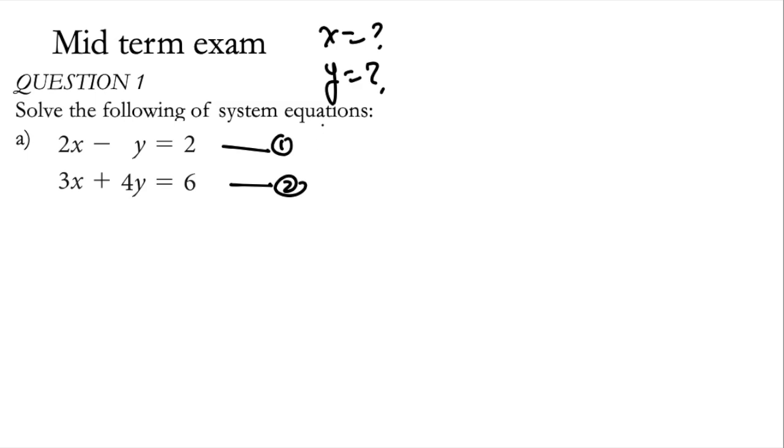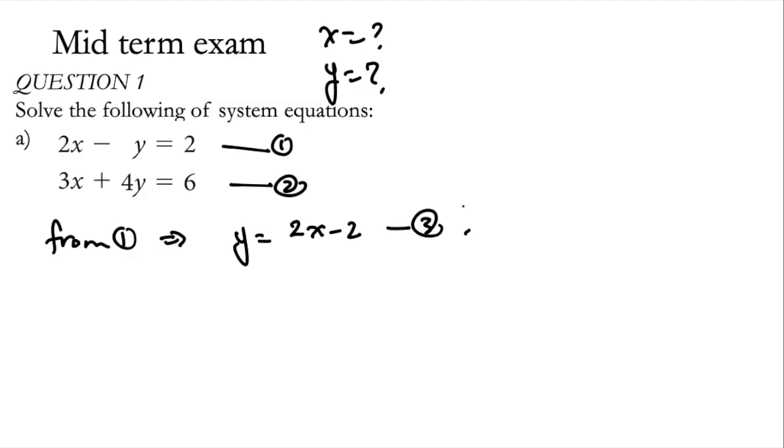From 1, we can have y equivalent to 2x minus 2, isn't it? Because we rearrange it, bringing 2x to the right, and then minus 2y becomes positive. Now we call this equation number 3.